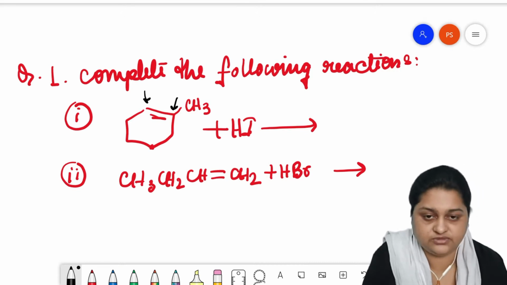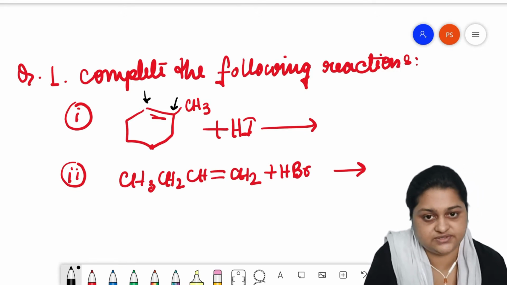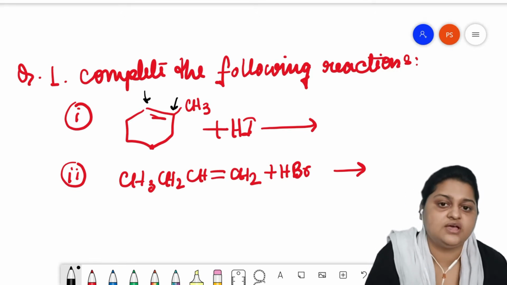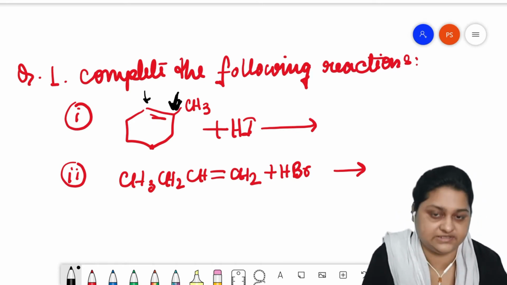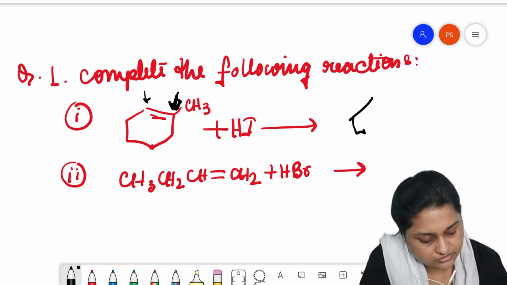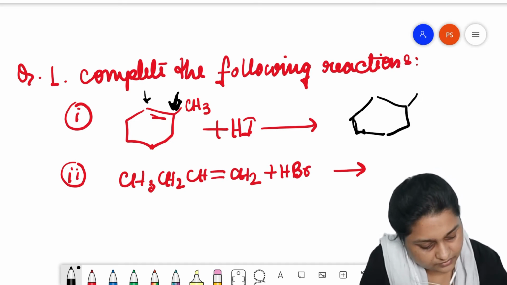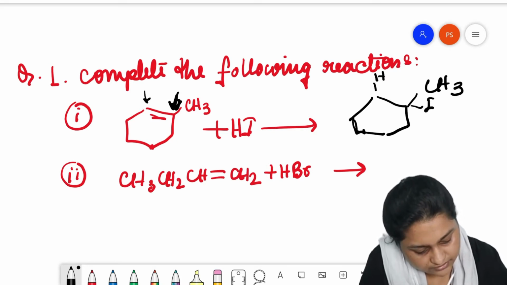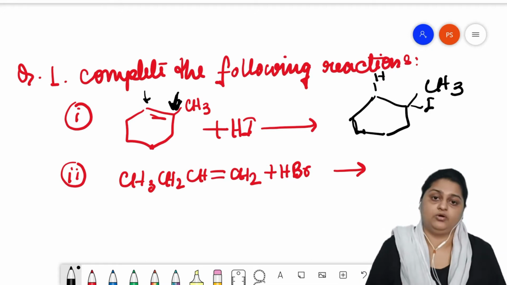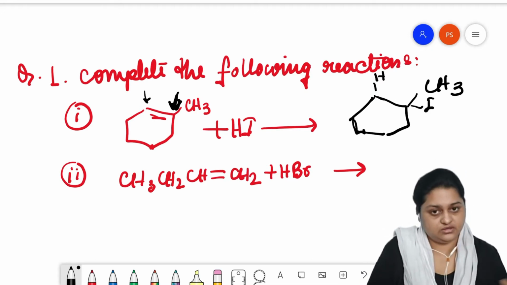The negative part of this reagent, I minus, will add to that double bonded carbon which has lesser hydrogen. So I is going to be added here and hydrogen will be added to this carbon, and thus the double bond will be transformed to a single bond.